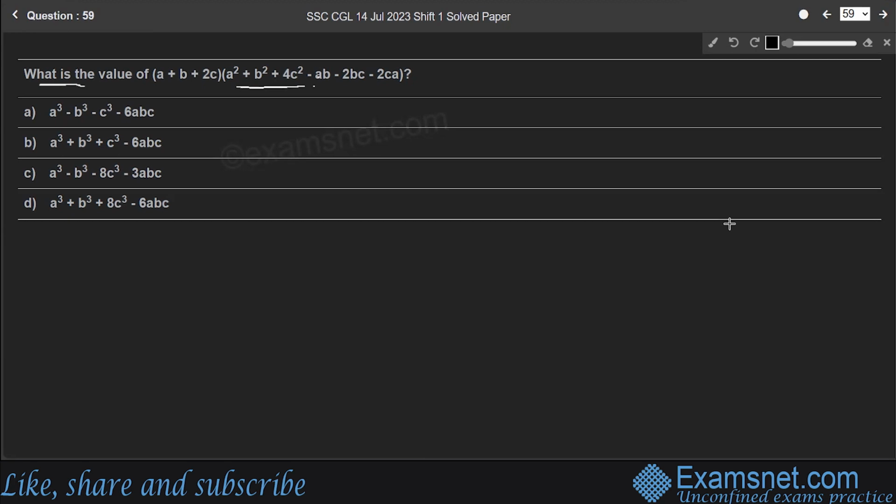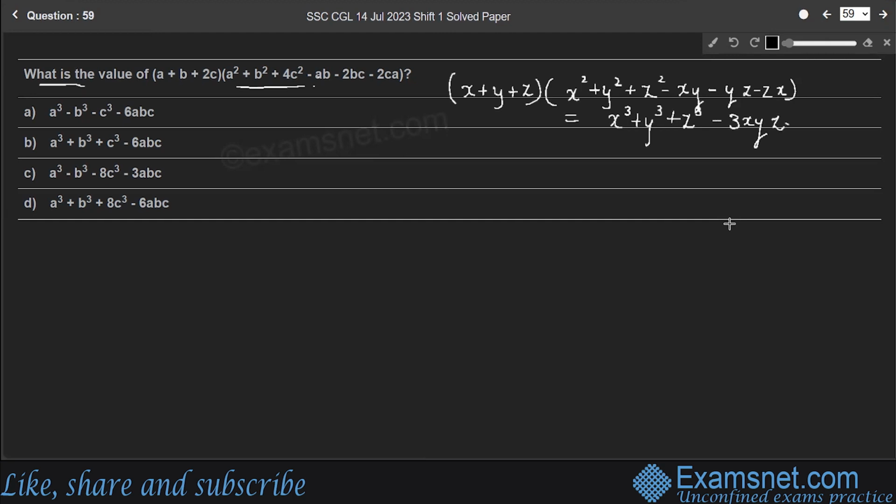Here, students, we know the formula: x plus y plus z into x square plus y square plus z square minus xy minus yz minus zx is always x cube plus y cube plus z cube minus 3xyz. This is the standard formula. So apply the same formula here. Here x is a, right? So we can relate this formula to the given expression.